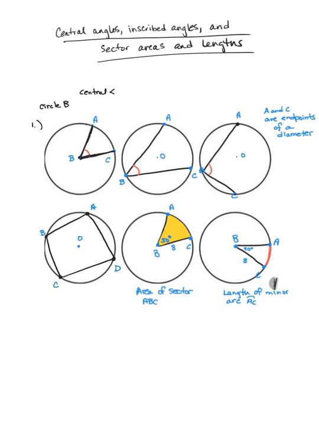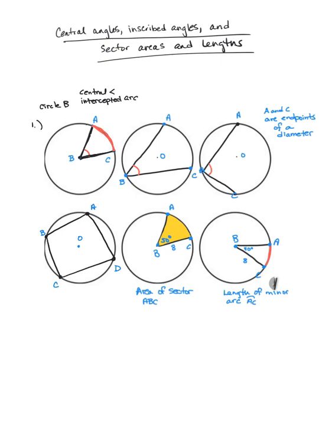Then you have what's called an intercepted arc. If you look at this arc here, an arc is just a piece of the circumference of a circle.